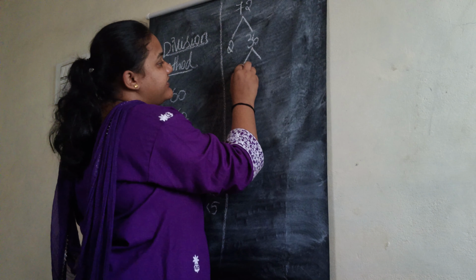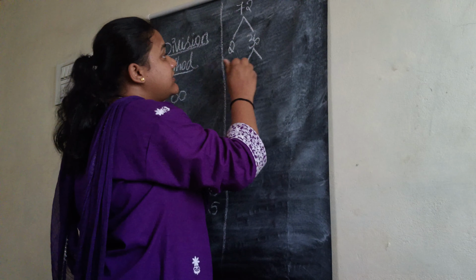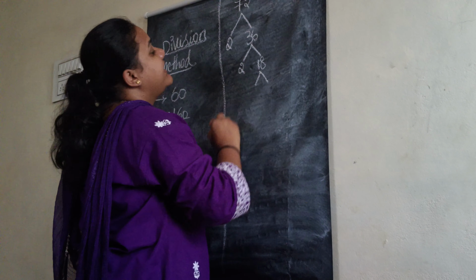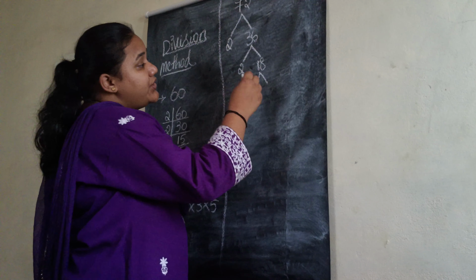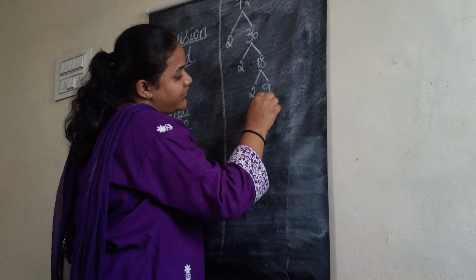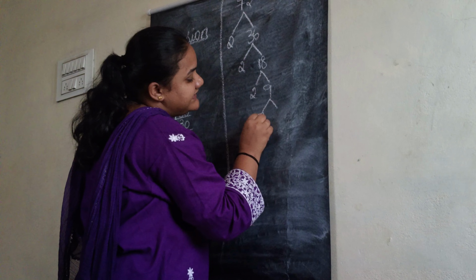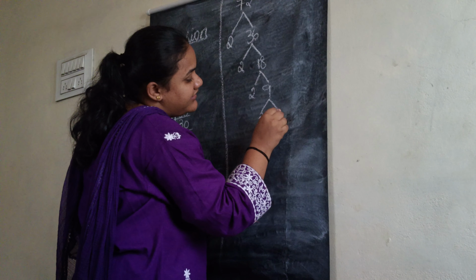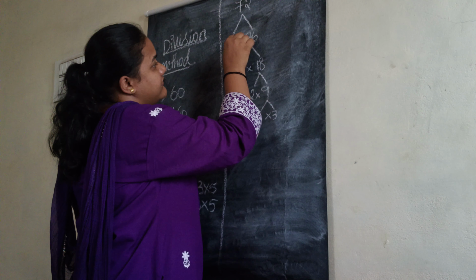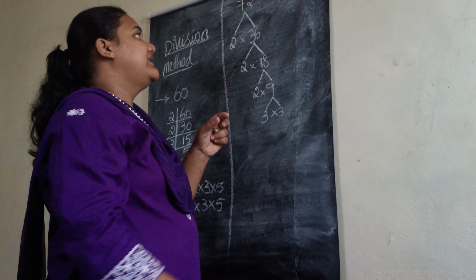When we split 36, it goes again with 2. 2 18s are 36. If we split 18, 2 9s are 18. 9 will not go by 2, so 3 into 3. This is the factor tree method.